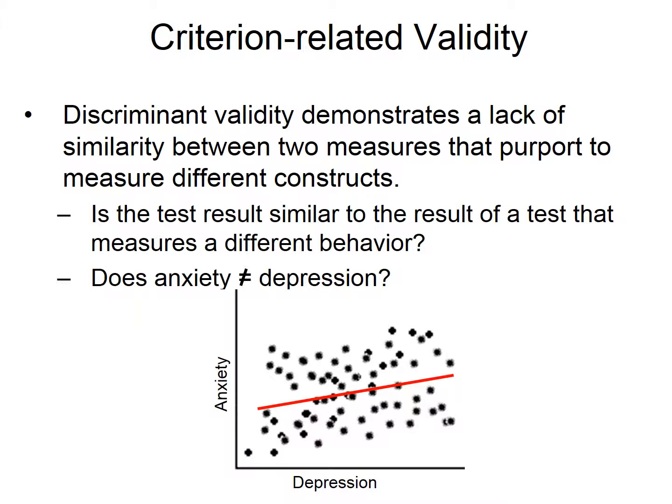Convergent validity: does our measure compare to other measures of the same construct that use a different methodology? And finally, discriminant validity: does our measure not highly relate with different measures, using the same method or a different method? So, taking these concepts together, that leads us to our next concept.